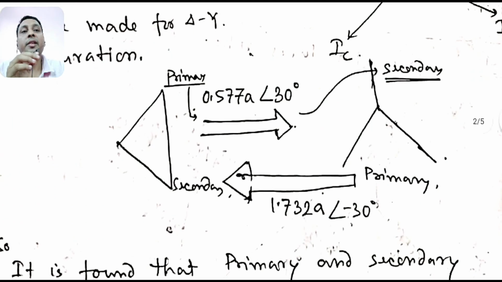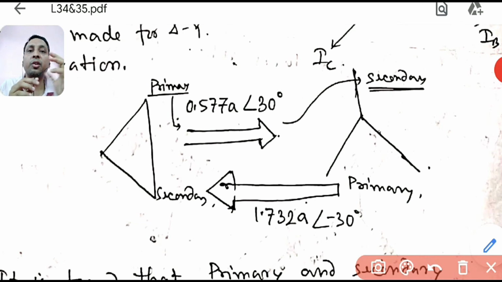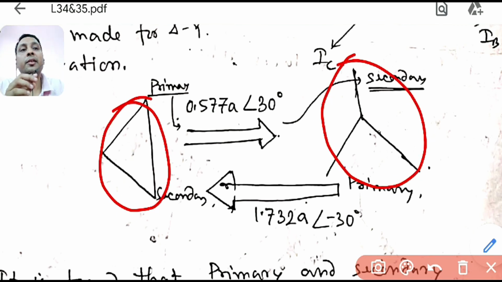So from delta side, if you want to go to star side, how will you remember it? This is the reverse of your voltage standard. What is the voltage standard? Line voltage leads phase voltage by 30 degree, that you know, but the reverse will happen here. In current it will be just reverse. So if your primary is delta, secondary is star.